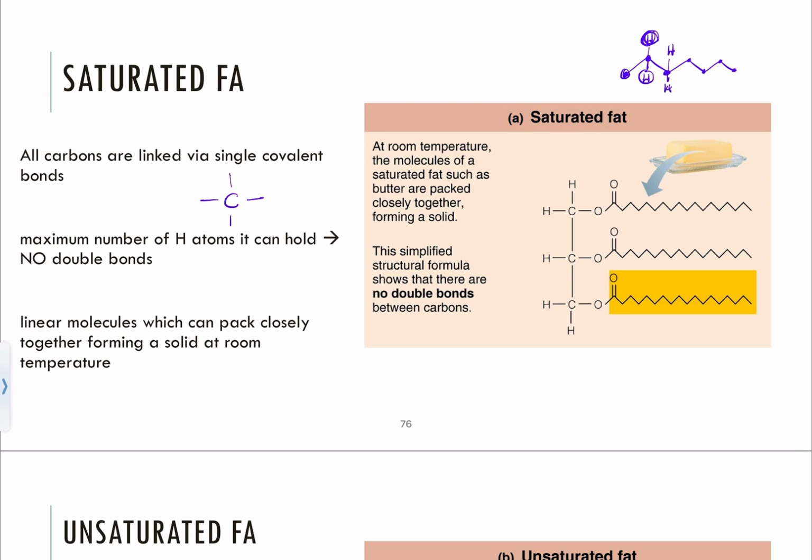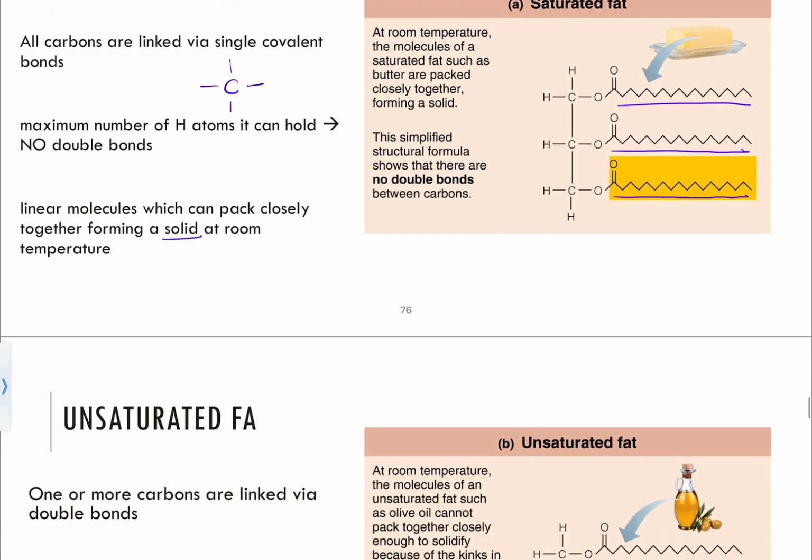Because our carbons are bonded to 4 different atoms, they make the fatty acid chains very linear. You can see it's a nice straight structure. Because of that, triglycerides can stack very neatly at room temperature, which means saturated fatty acids are solids at room temperature. They don't have any kinks in their chains, so they can stack nice and neat.